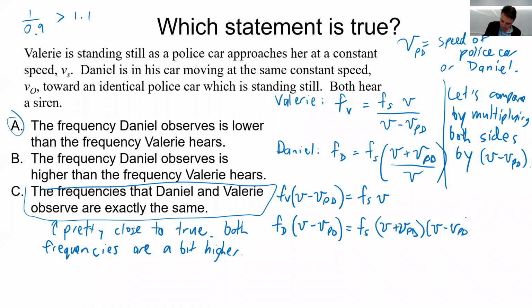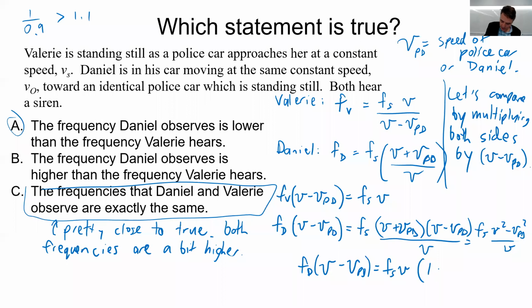You've got A plus B times A minus B, which you might remember is just going to be FS times V squared minus VPD squared over V. So FD times V minus VPD is equal to FS times V times 1 minus VPD over V squared, which is a little bit less than FSV. So again, Daniel here has a slightly lower frequency than Valerie.